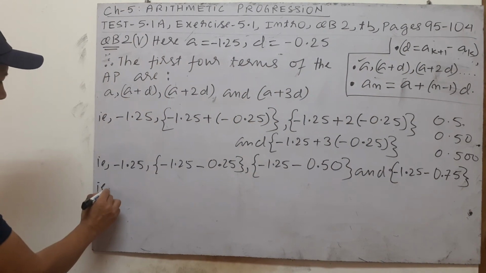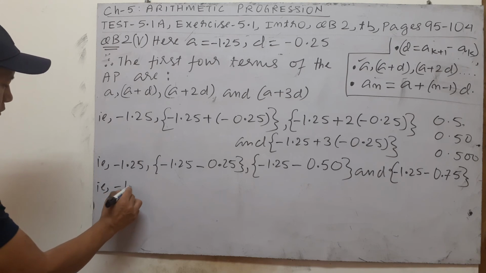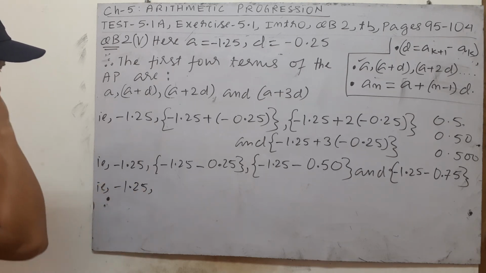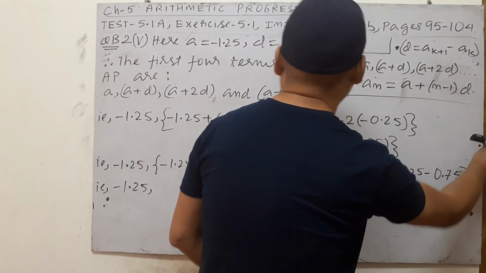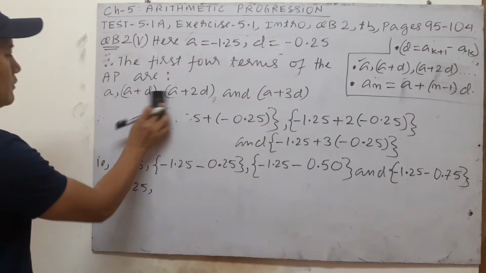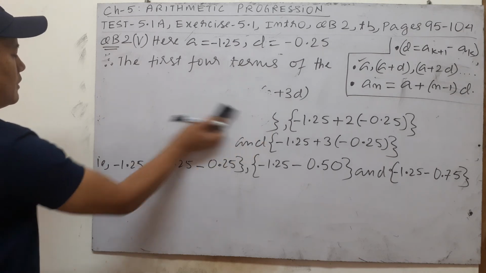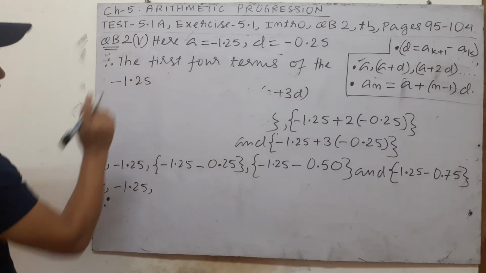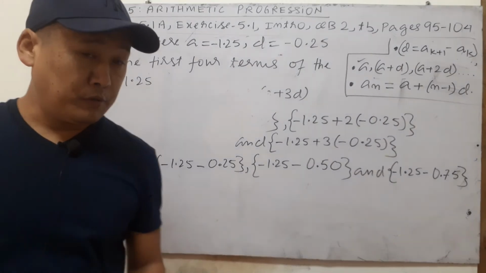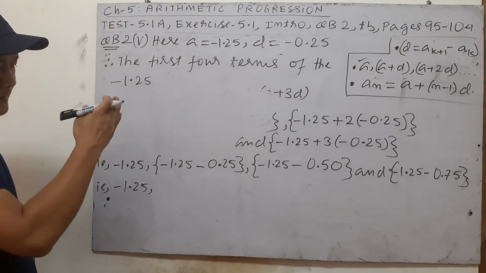So we have to write carefully, that is -1.25, comma. On the rough you can do it now. Here we don't need these steps, so I'll just run it out. First one, -1.25. We know that when we're adding or subtracting, the decimals should be on the same line.